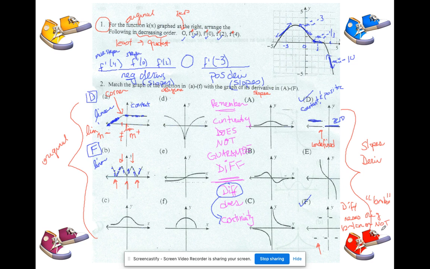And you know from a previous lesson the things that cause non-differentiability: corners, cusps, vertical tangents, and of course discontinuity.